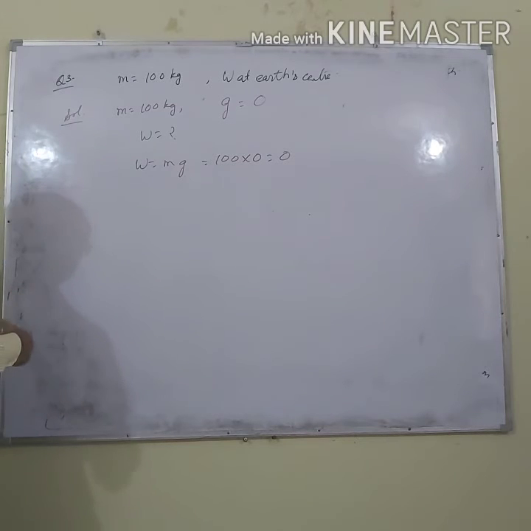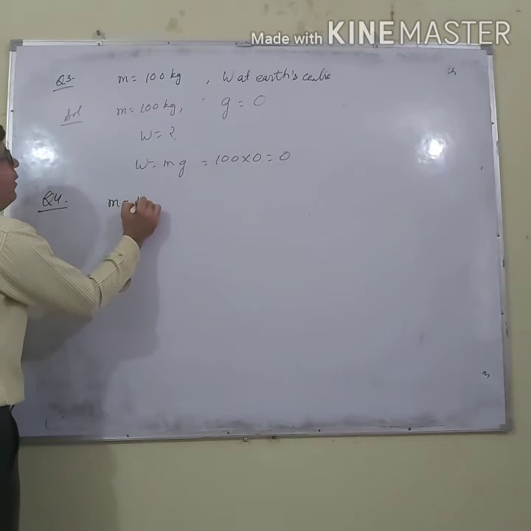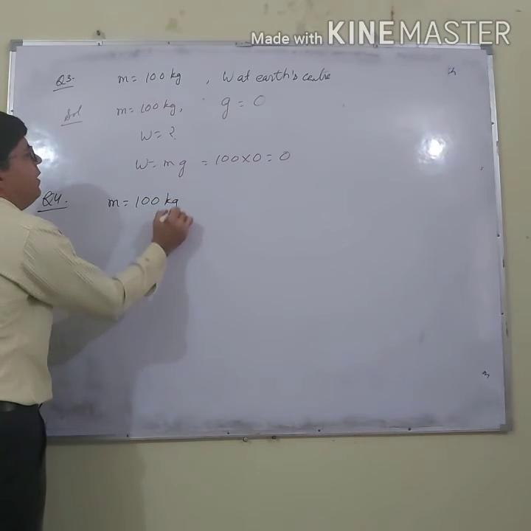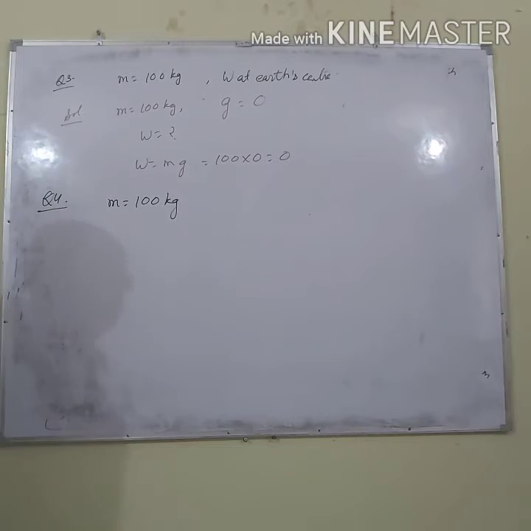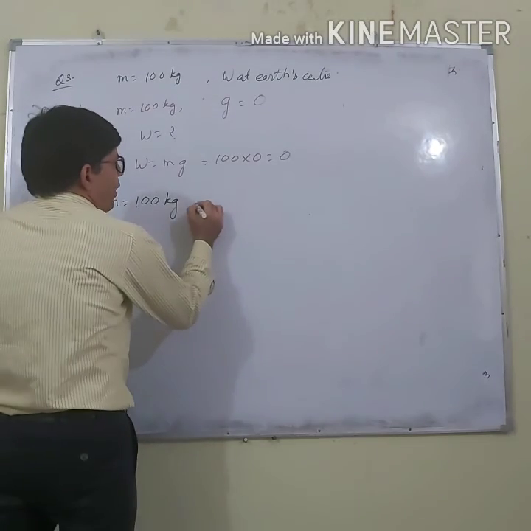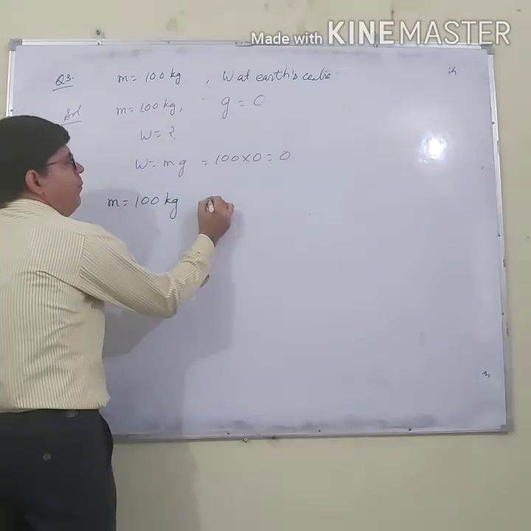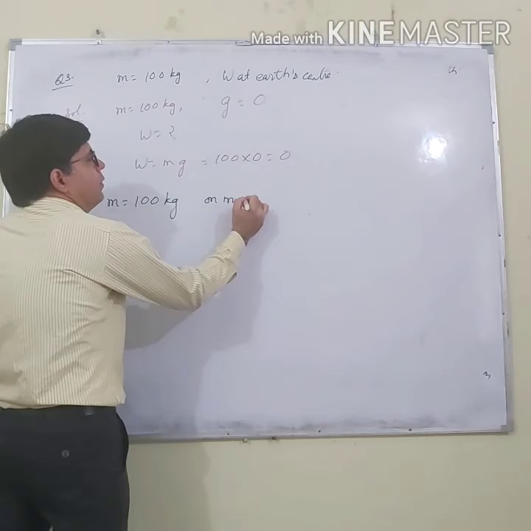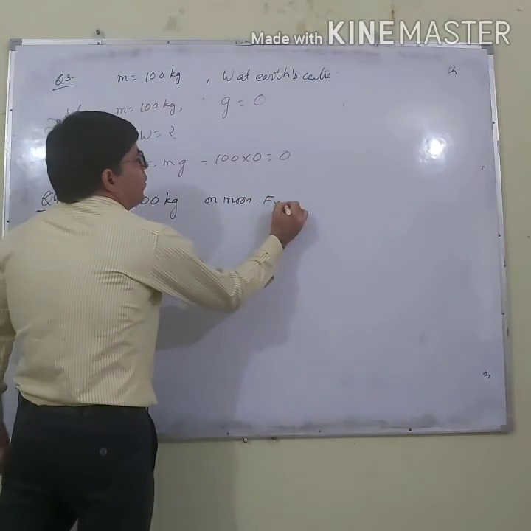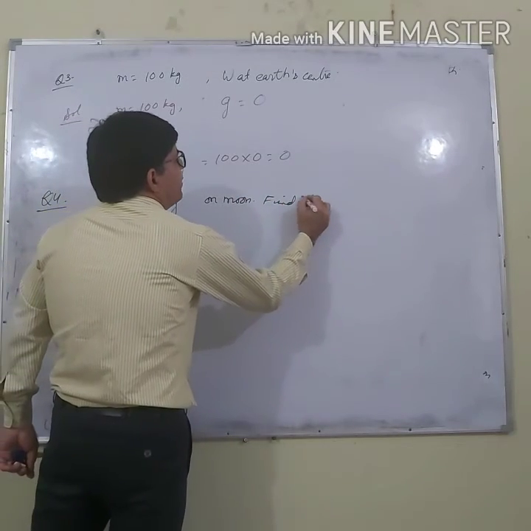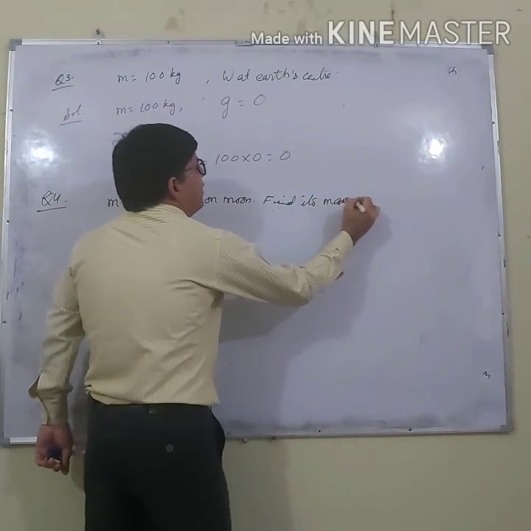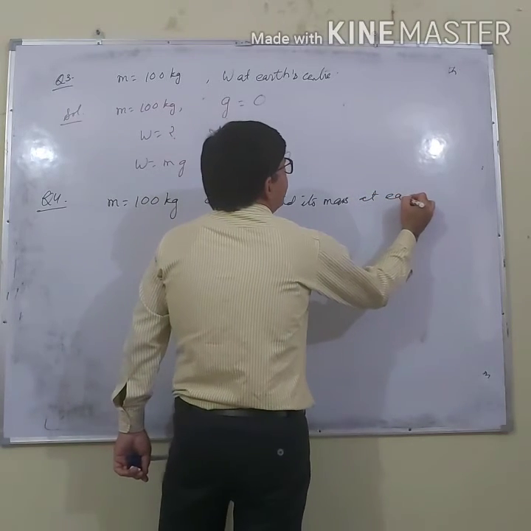Question number 4. Again the same. Mass of an object is 100 kilogram on the moon.